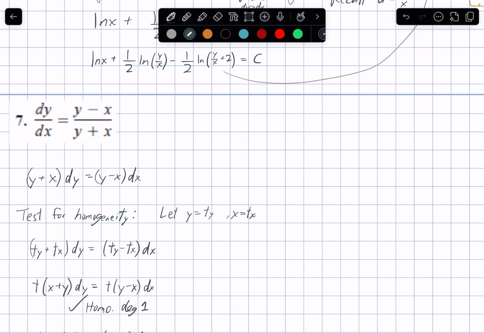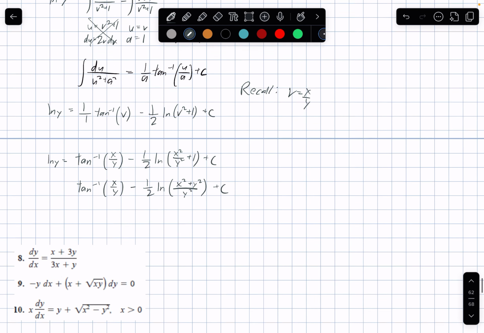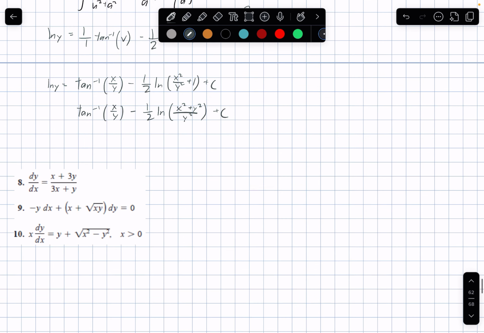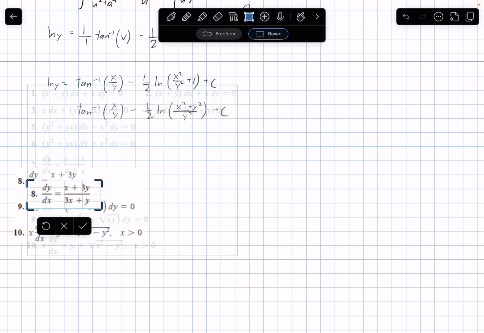Let me try ChatGPT. dy over dx equal to y minus x over y plus x. In the meantime, let's get to the next question.